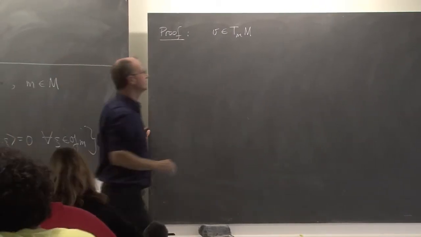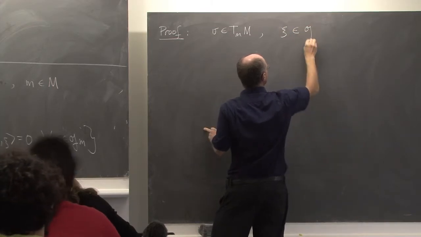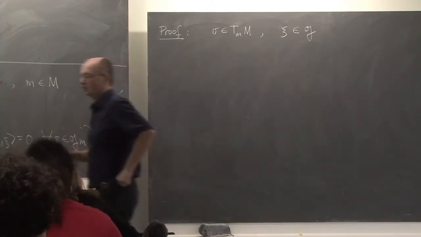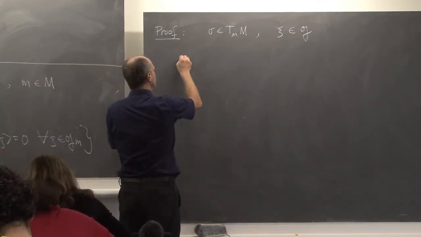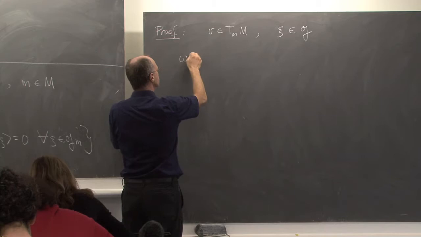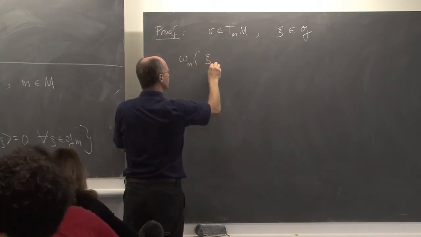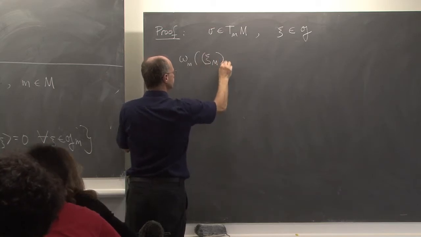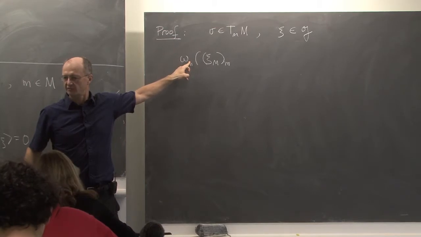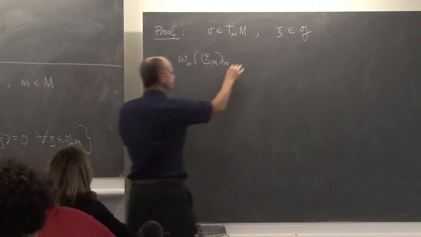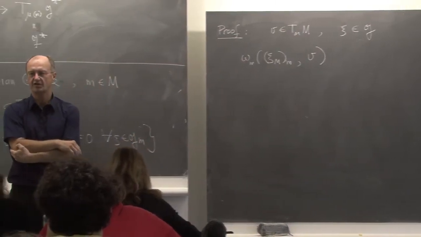I choose a vector v in the tangent space, and I choose an element psi of G, and I would like to evaluate omega_m on the following pair of vectors. So I take the value of the fundamental vector field at that point, and I take the vector v.